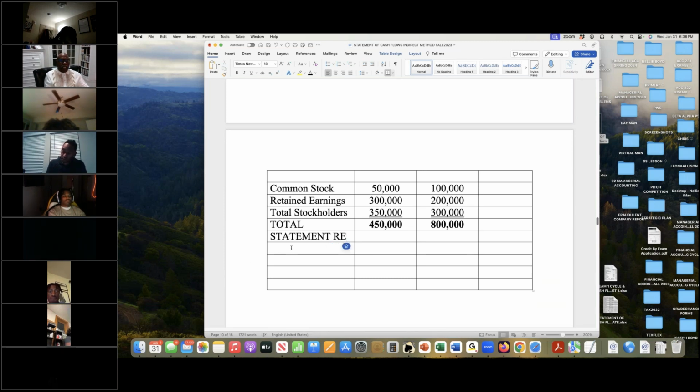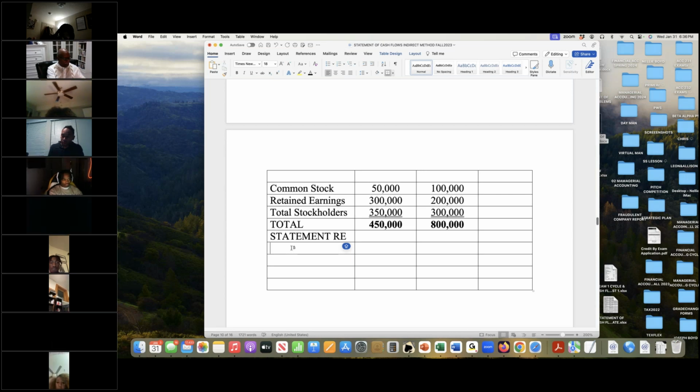And that statement says the beginning balance plus the net income less the dividends gives us the ending retained earnings.